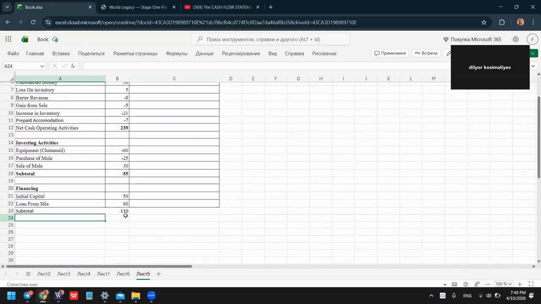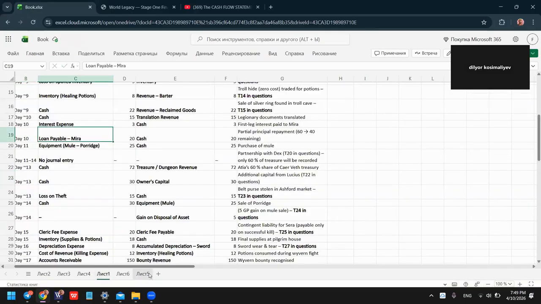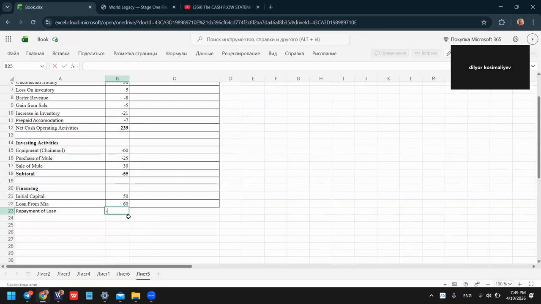So it should also be recorded in financing activities when we pay off the loans that we get, let's say repayment of loan. How much was it? 20. It was also with cash, so it's minus 20.